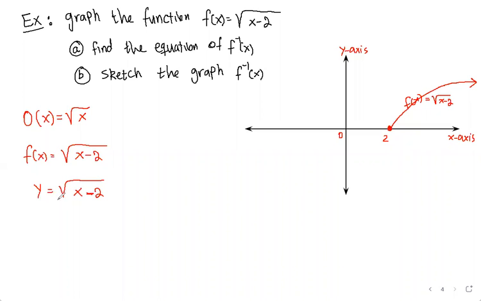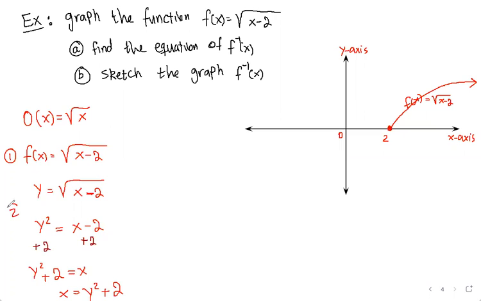Now we have to solve it in terms of x. We square both sides: y squared equals x minus 2. Move minus 2 to this side, I have to add 2 to both sides. Now I get y squared plus 2 equals x, or x equals y squared plus 2.